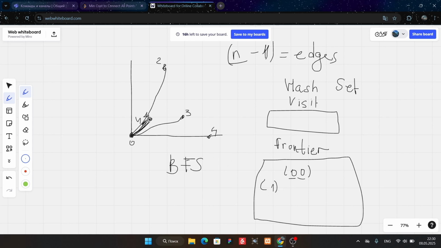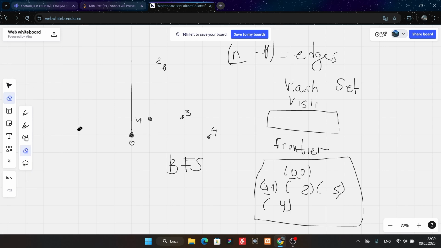And the cost of this is 4. For the other nodes, for 1 it's 4. We are connecting from node 0, and from all of these nodes, calculating which is the least. Of course it's 3.